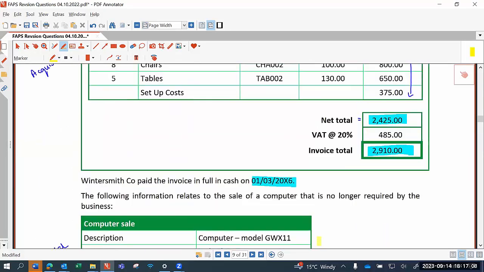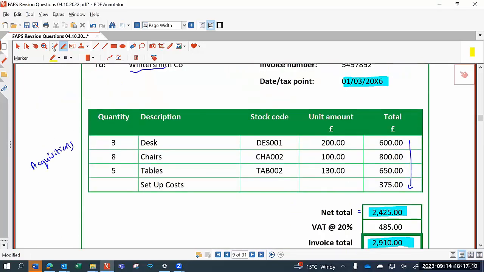So when I look through this invoice at what I bought, desks at £200 each, yes, I need to capitalise those. Chairs at £100 each, yep, they also meet the criteria, since it said £100 or more. Well, that's exactly 100. And tables are above the £100 threshold as well. So all of that can be capitalised.